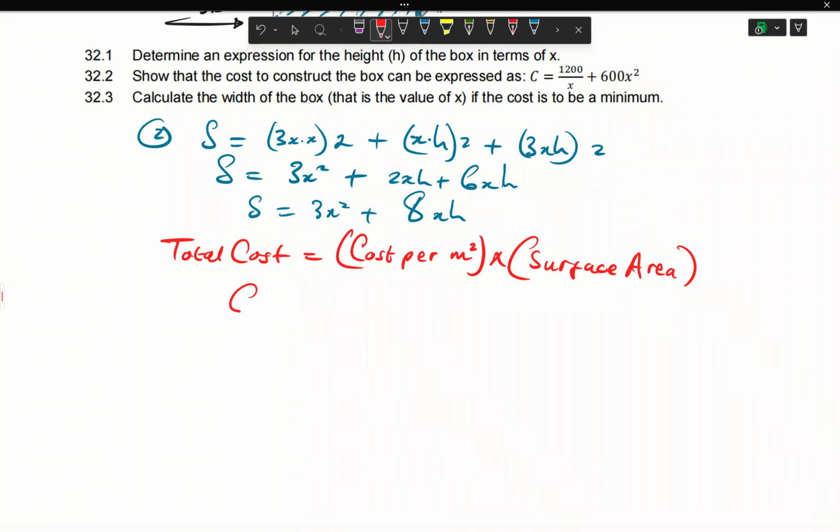So this is how we calculate the cost. You can name it C.